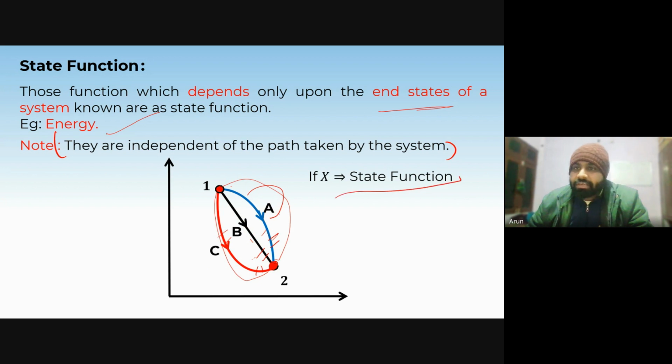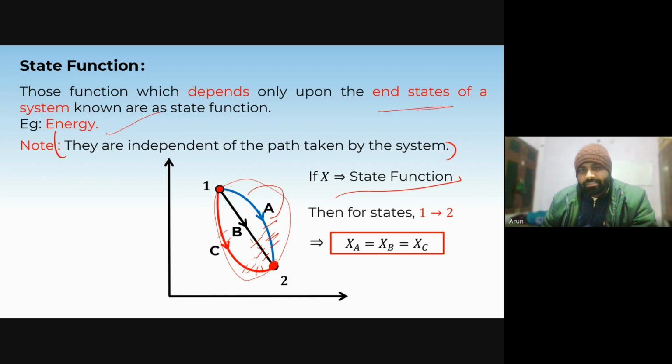So the state function will not change. For A, for B and for C it is the same throughout, because finally the state is 2, whether it is achieved by A, B or C. That is the property of a state function. Energy is that kind of state function, which only depends on the change in state.